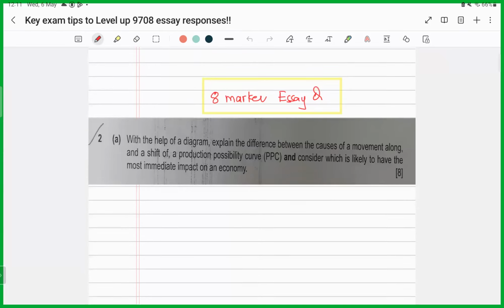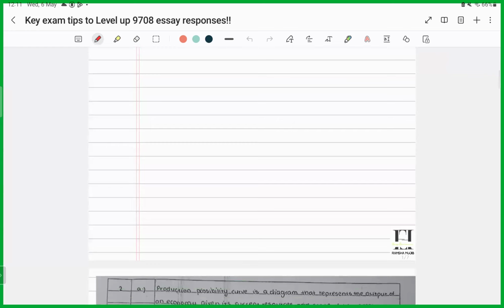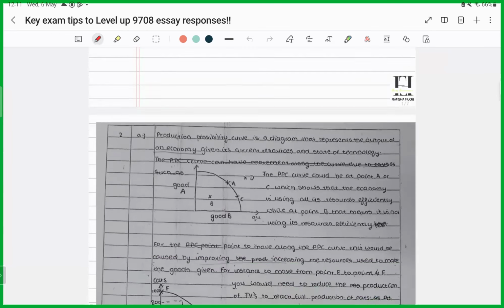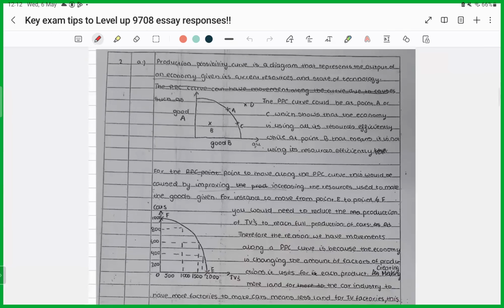So let's see first what the candidate wrote in the paper, and then we'll see what marks that candidate scored and what would have been written in order to score even better.